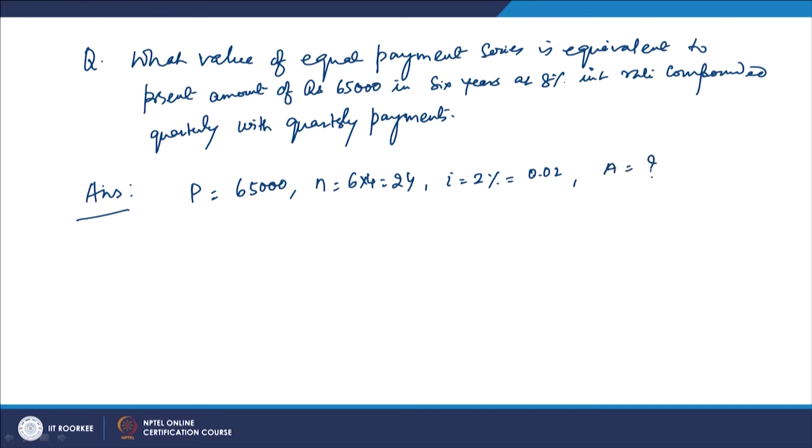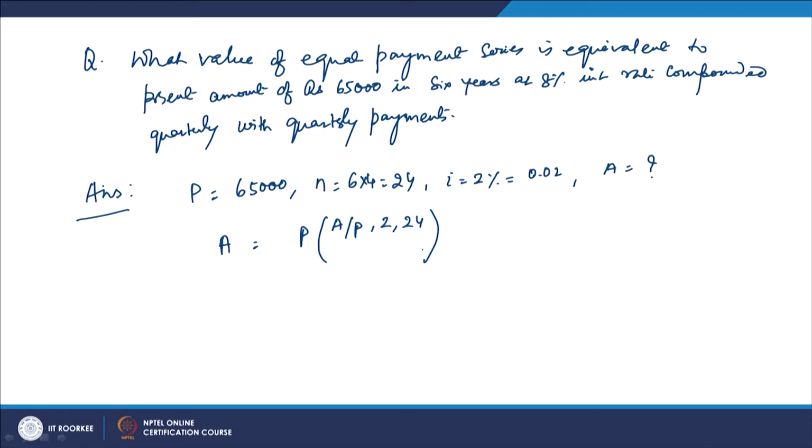So, it is obvious that A will be P into the factor A by P I n. So, I is 2 and n is 24.